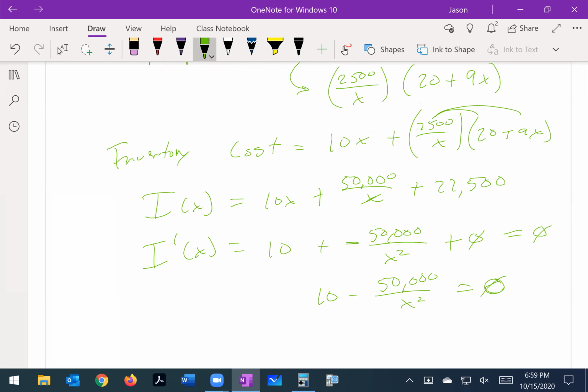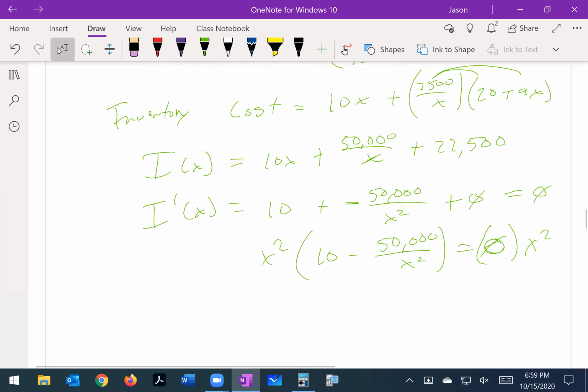I'm going to do something a little sneaky here: multiply both sides by x squared. I get 10x squared minus 50,000 equals 0.